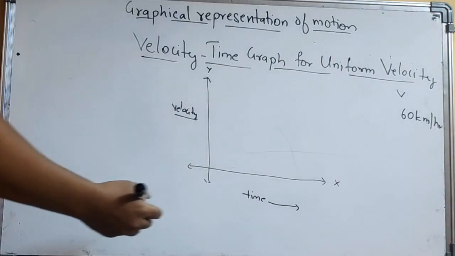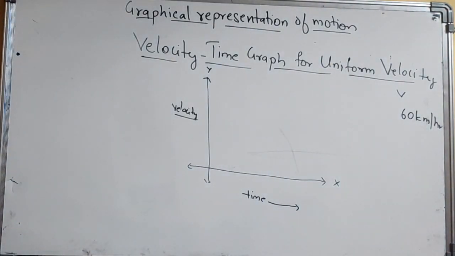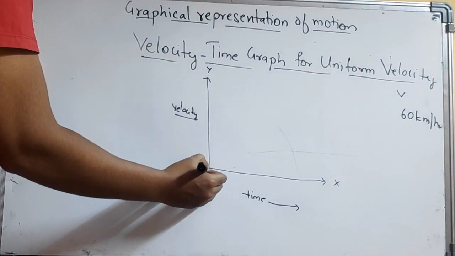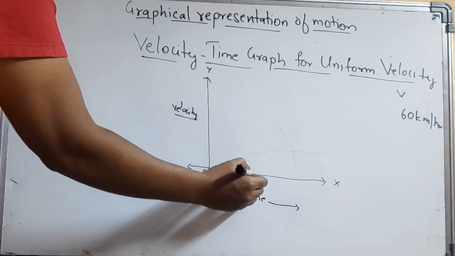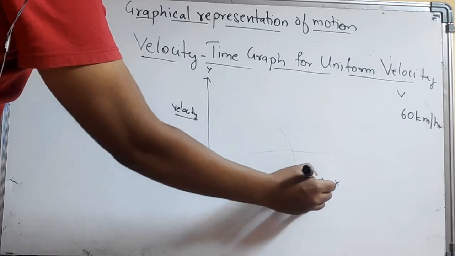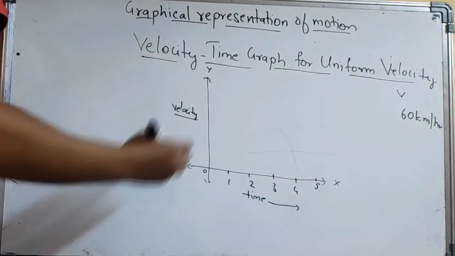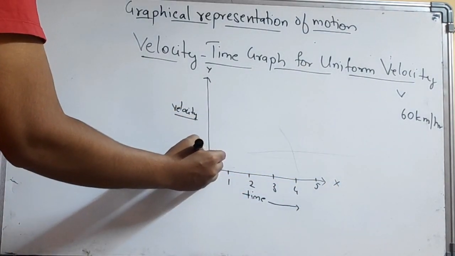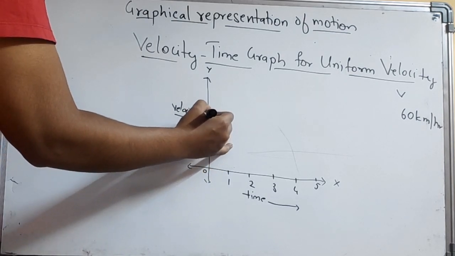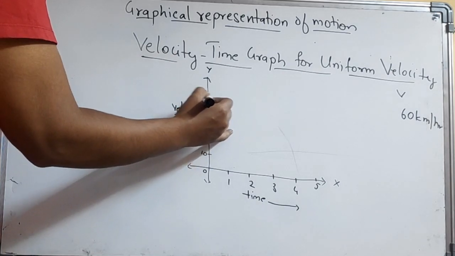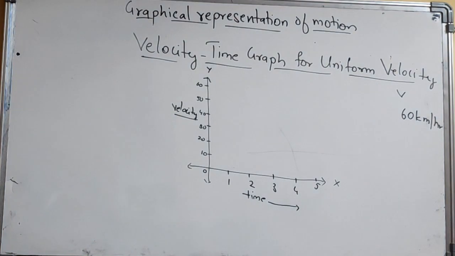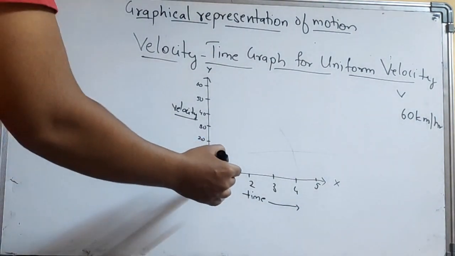Okay, so the time we are having is say in hours. So we'll say this is 0, 1 hour, 2 hours, 3 hours, 4 hours and 5 hours. Okay, velocity 10, 20, 30, 40, 50, 60.